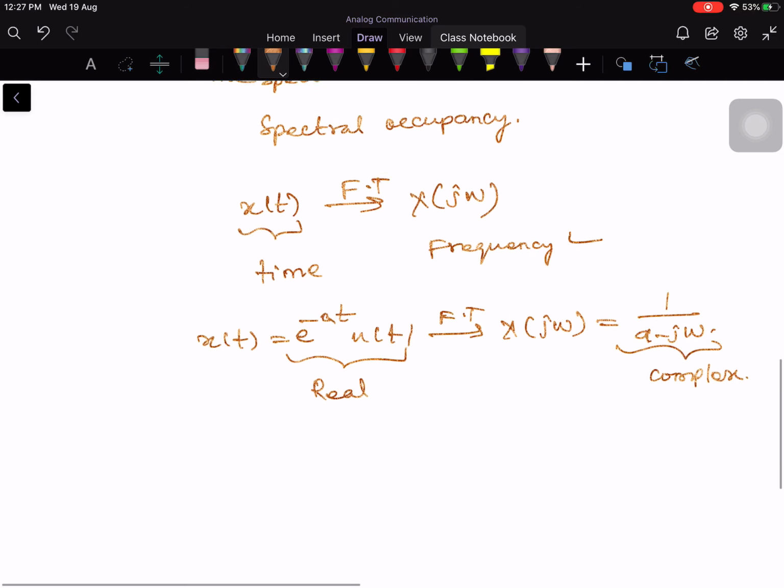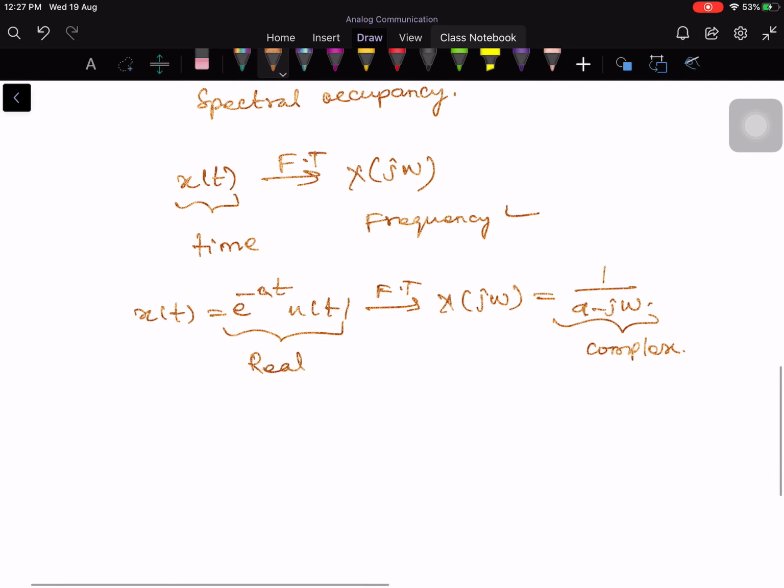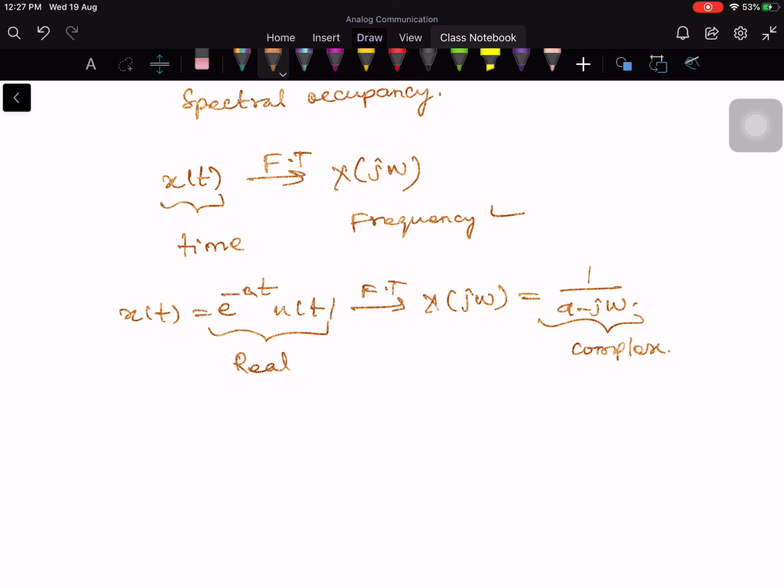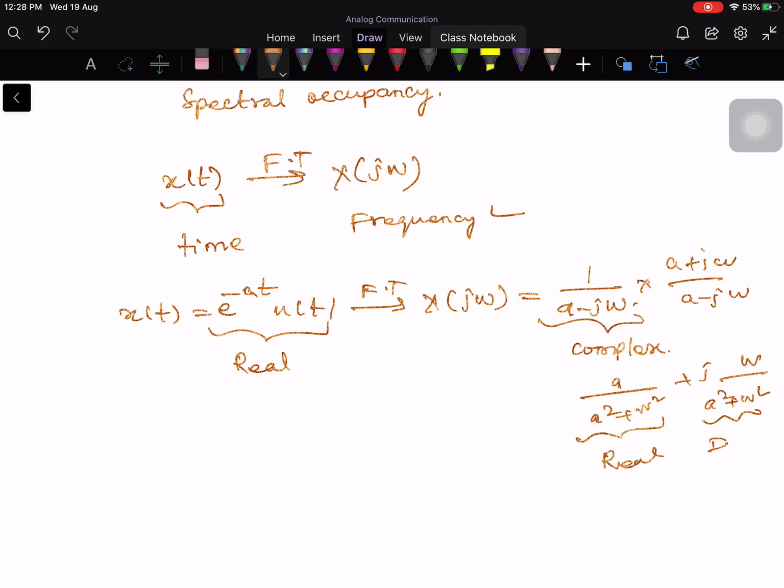Whenever you have a complex entity, it has an imaginary part and a real part. You multiply the numerator and denominator by a plus j omega divided by a minus j omega, then it is a divided by a square plus omega square plus j times omega divided by a square plus omega square. So this is the real part and this is the imaginary part, and so on.